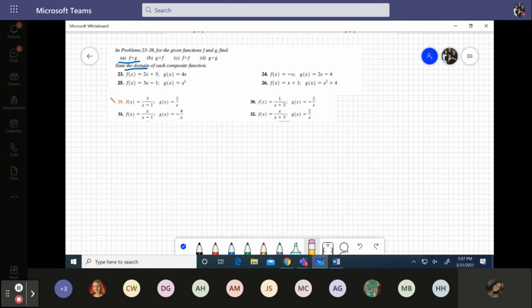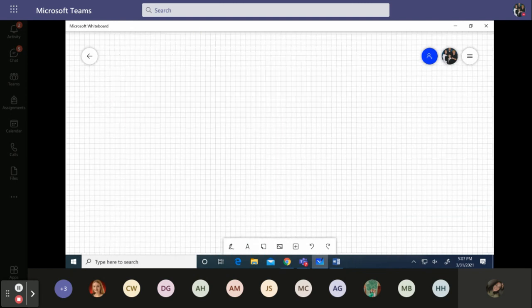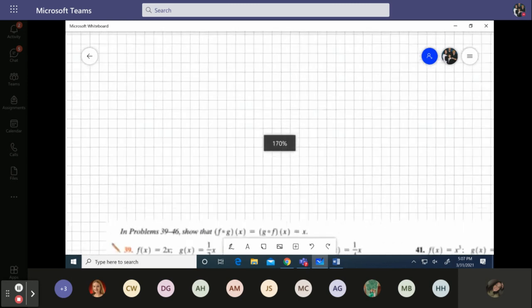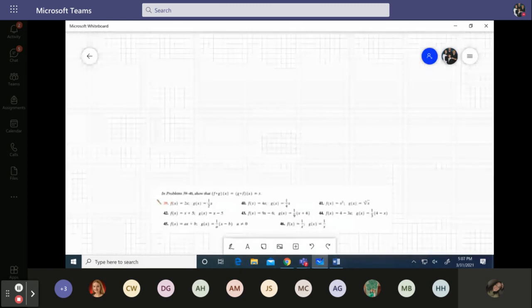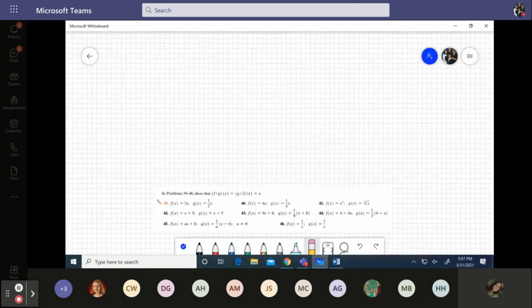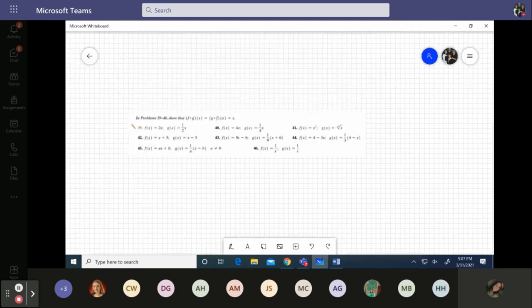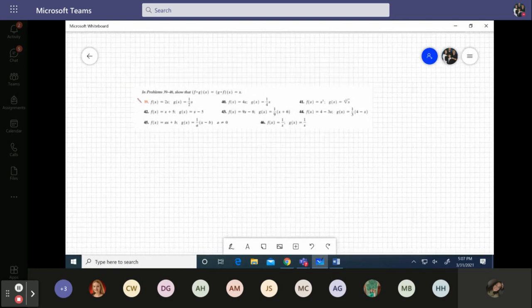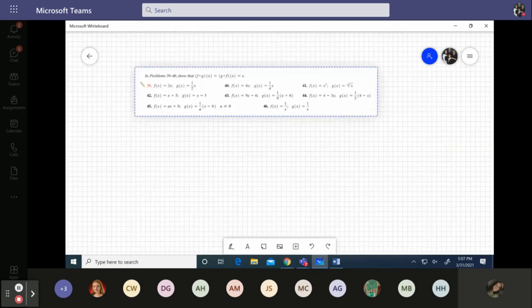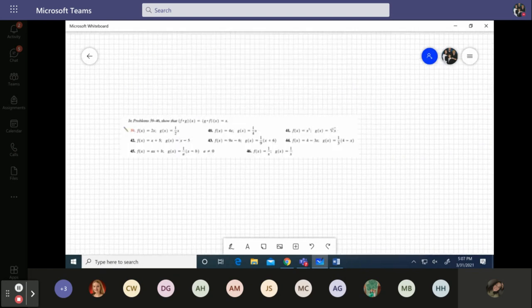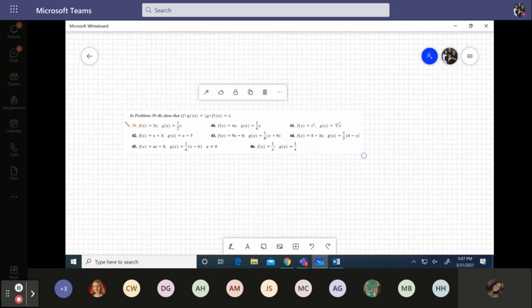The last section is about g of f and f of g: are the composite functions equal?